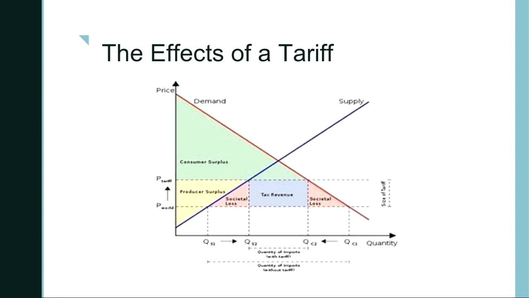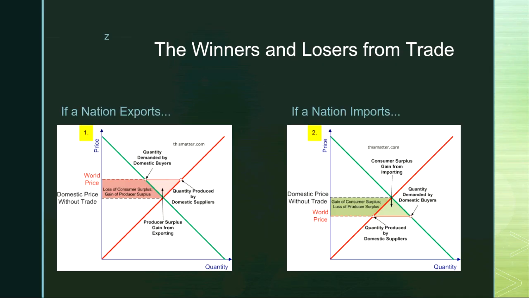Now, why would a country consider this? Well, there's 2 reasons. One, because a tariff is a tax, that obviously means the government's going to generate tax revenue. But there's another reason. Let's just pop back for a moment. Notice that in our previous slide, when a country is importing, who loses? Producers, right?